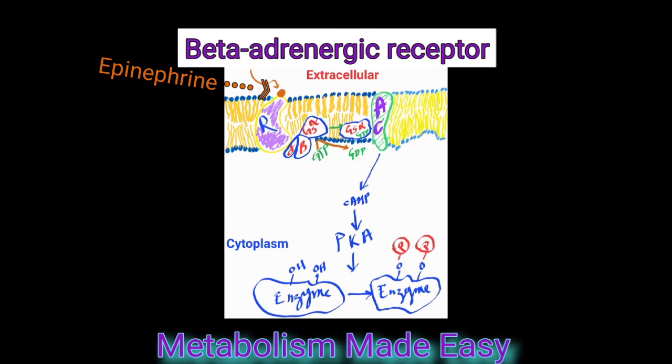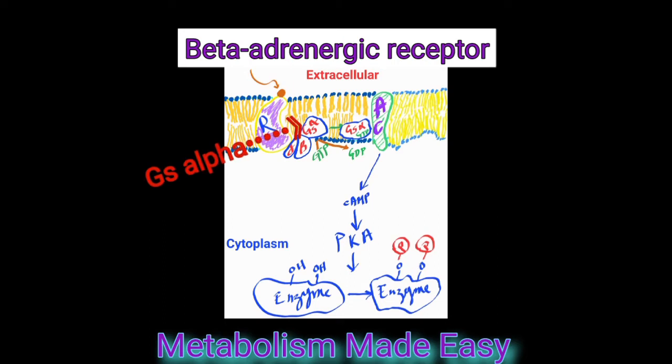The third important feature of the adenylate cyclase system is the identity of the G protein involved in the activation of the target enzyme adenylate cyclase. The identity of the G protein is designated Gs alpha.